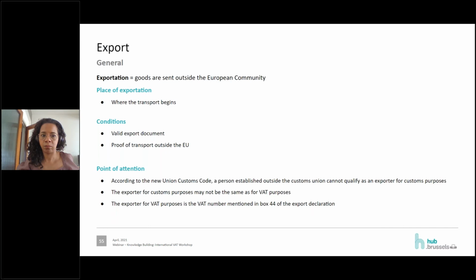You will receive an invoice for a sale from your Chinese supplier, for a sale on the high seas, which is outside the scope of VAT, and you will make a sale afterwards towards your US clients. Again, this will be outside the scope of VAT, but I don't have enough information right now. It's better to check the agreements and the invoice to fully understand the flow of goods and the flow of invoices. But in principle, if the goods do not come into Belgium, you should not report them in Belgium.